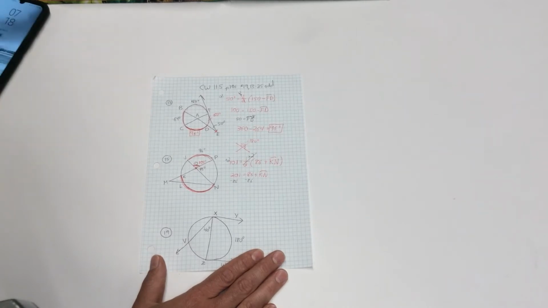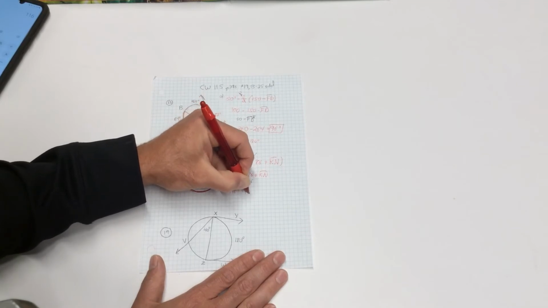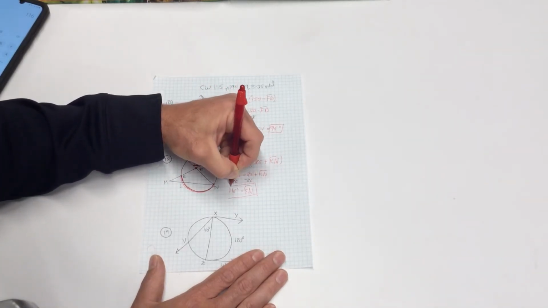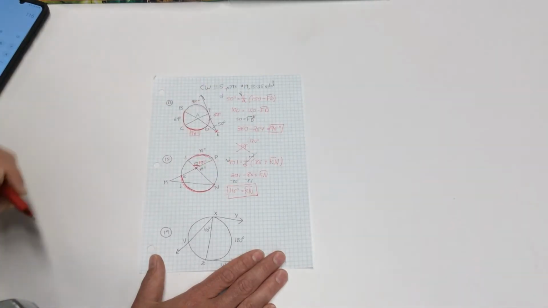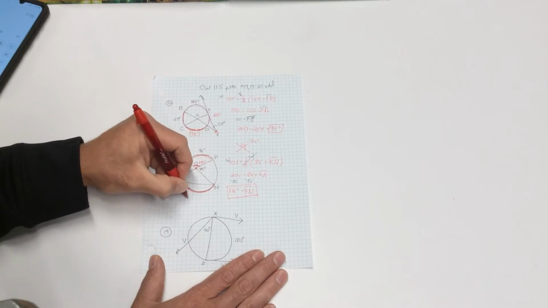Actually, I haven't calculated that one yet. Let's just double check. Got my calculator over here. Okay, and we managed to do that correctly. So that is 116 equals KN. So this entire, not LN, but K to N, is 116 degrees.